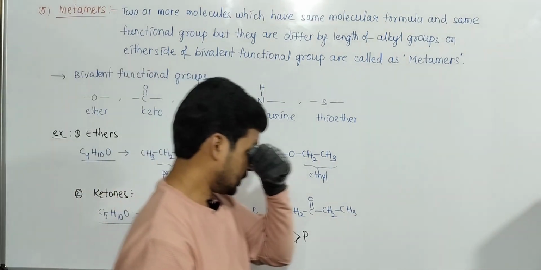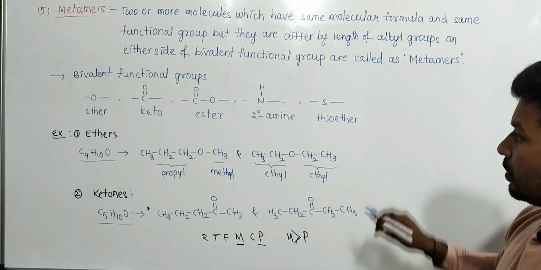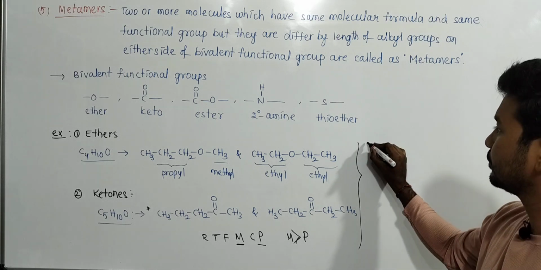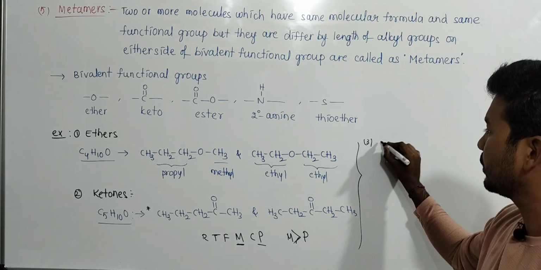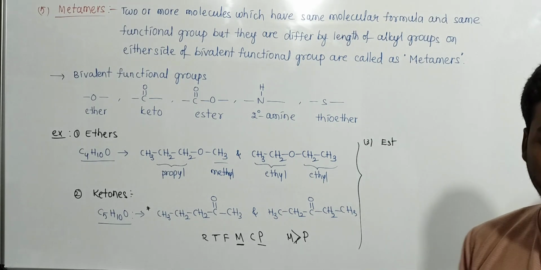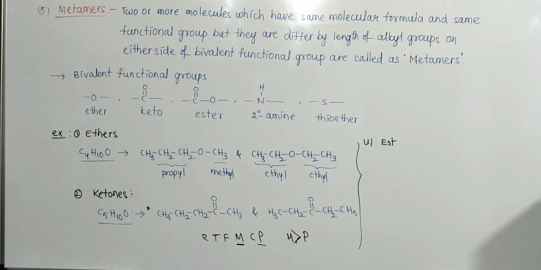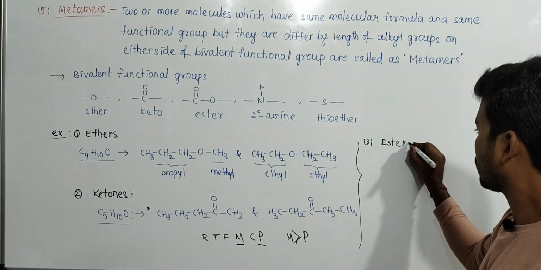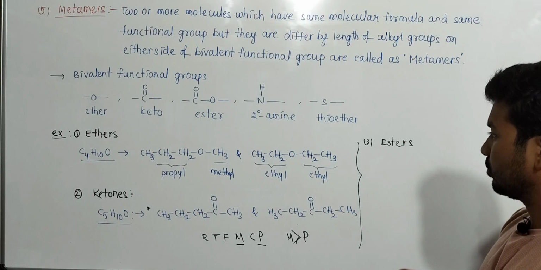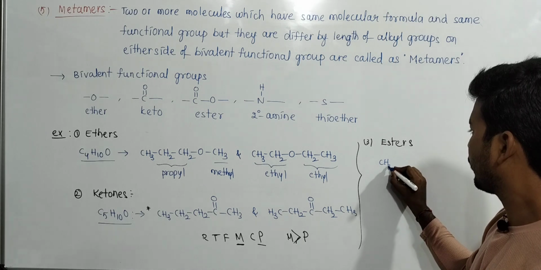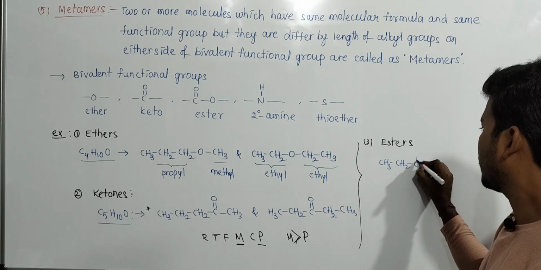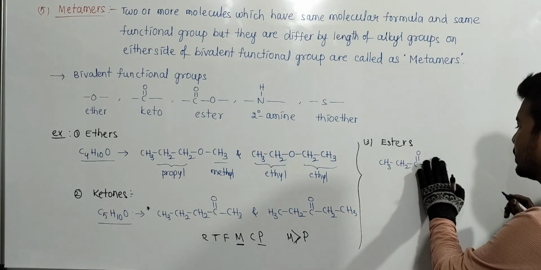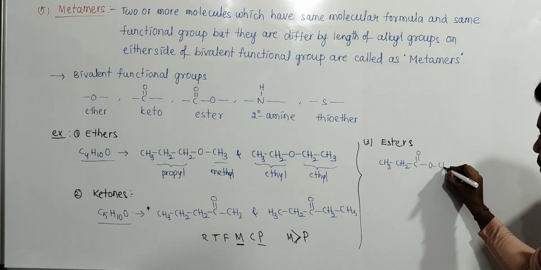Okay, next example, esters. CH3, CH2, C double bond O, CH3, OCH3.